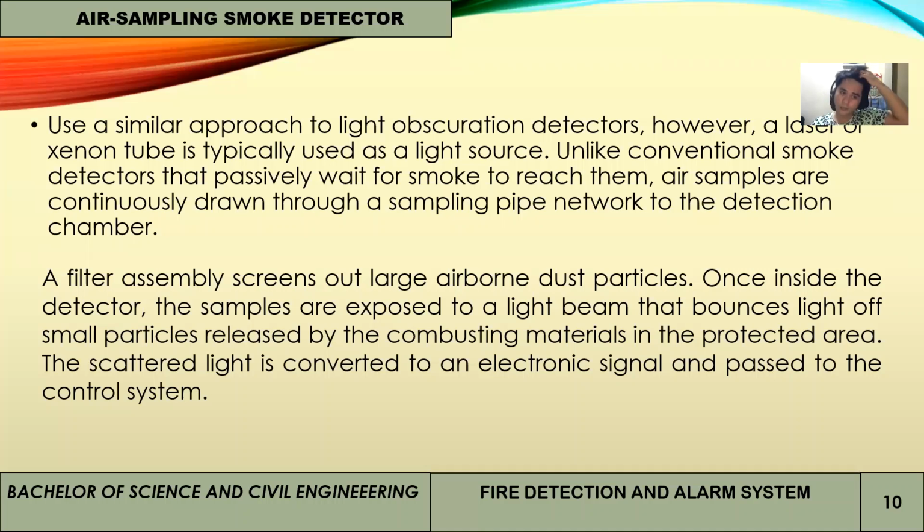And then ang filter assembly screens out large airborne dust particles. Ang air sampling smoke detectors daw kay mo-sample siya ug naga-expose sa light beam ug nagabounce siya light off. Ug kung ga-scatter daw ang light kay ga-convert na siya og electronic signal ug nagapasa siya sa control system. Mao na siya ang pasabot sa air sampling smoke detectors.